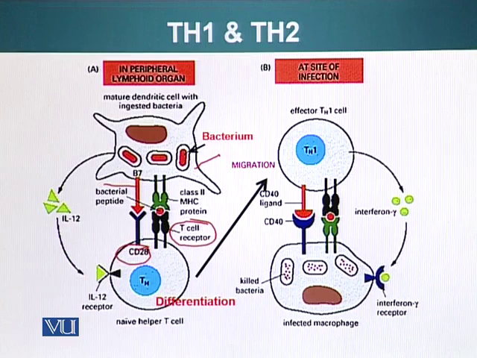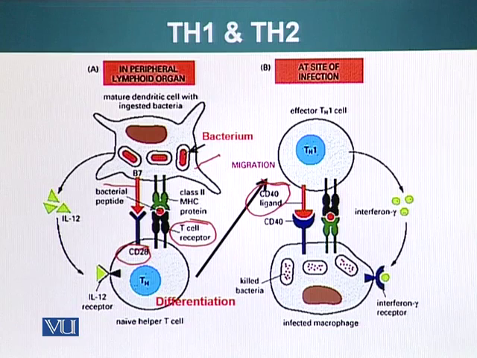The lineage will be guided by production of interleukin 12 by the dendritic cell, which will cause this naive helper T cell to become an effector helper T cell type 1. Helper T cell type 1 will migrate to the site of infection. When helper T cells are activated by the dendritic cells, they also become mature. When they become mature effector cells, they start displaying a special protein on their surface, called CD40 ligand right here.